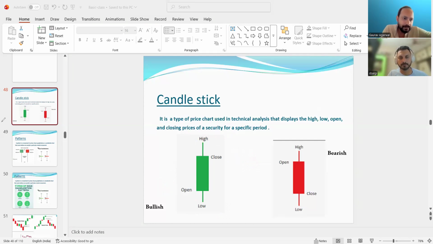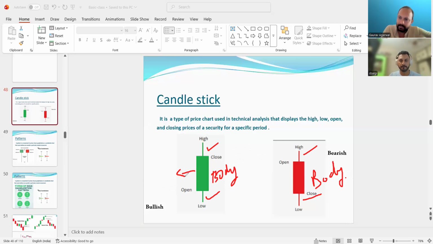Apart from that, the structure looks like this. It has an upper wick, a lower wick, and a body. Here also upper wick, lower wick, and the body. Basically, the body denotes the volume. The stronger the body, the stronger we think the stock price is at that time. If the candle is green and the body is solid, we think the stock is in bullish mode.